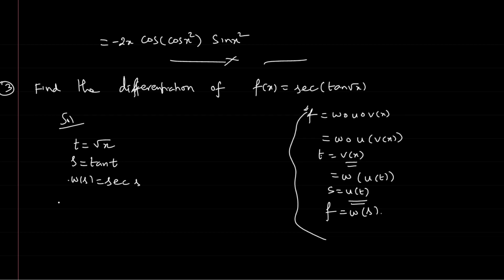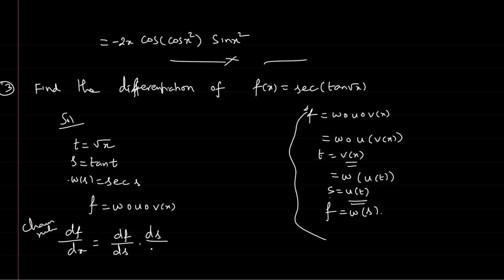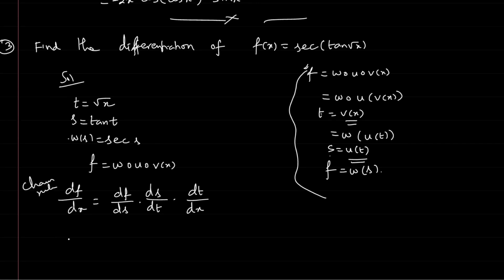Now by the chain rule, here the composition is f is equal to w composite u composite v of x, and by chain rule df by dx is equal to, f is a function of s, therefore df by ds, and s is a function of t, therefore differentiation of s with respect to t, and t is a function of x. Now what is df by ds?